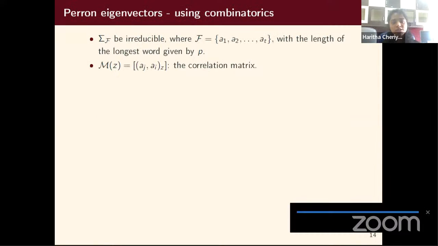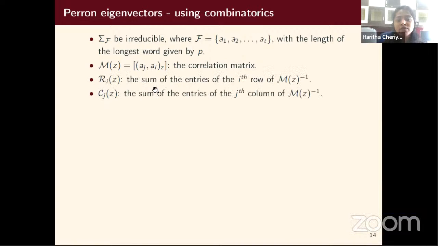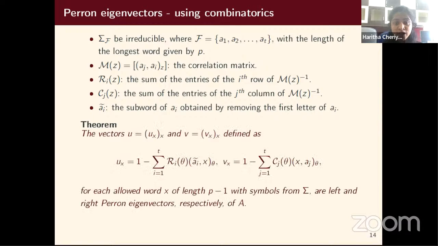So we got an expression for the Parry root in terms of the correlation polynomial. The next aim is to obtain an expression for the eigenvectors. As before, it's an irreducible subshift where f is given by this, and m of z is the correlation matrix, and ri is the sum of entries of the ith row of n inverse, and cj is the sum of entries of the jth column of n inverse, and ai tilde is the subword of ai obtained by removing the first letter of ai.